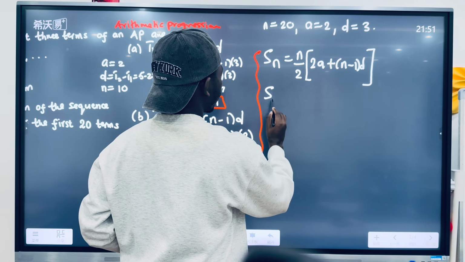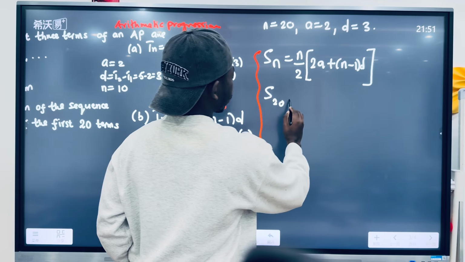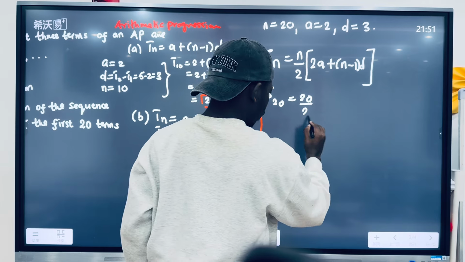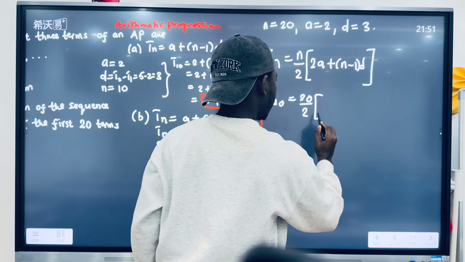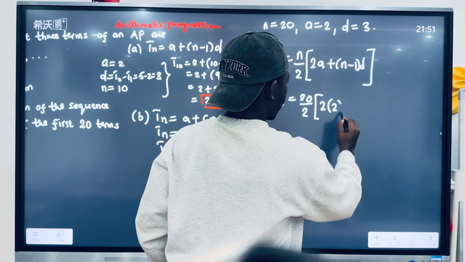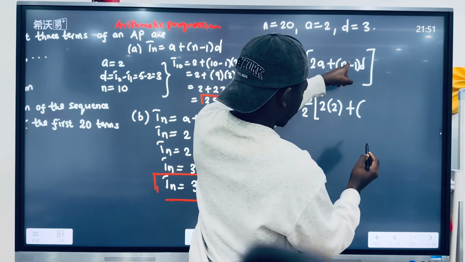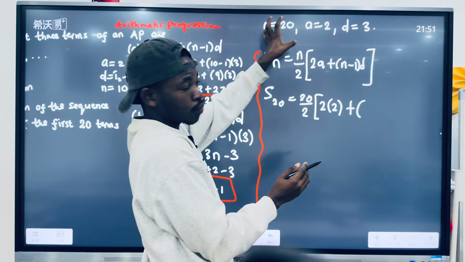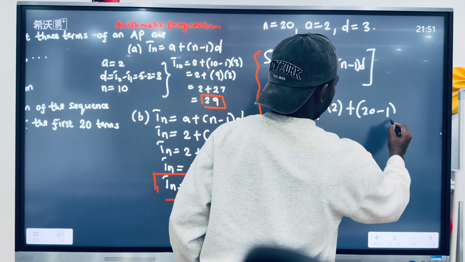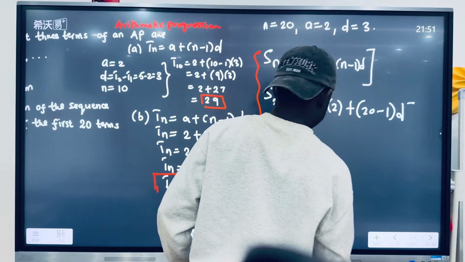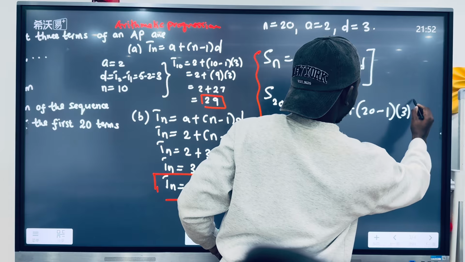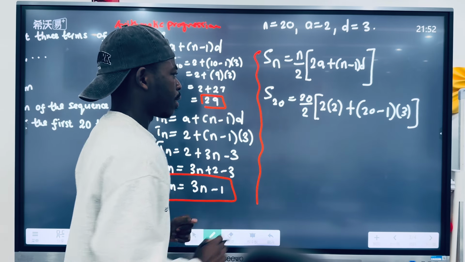So the sum of the first 20 terms is equal to n, 20, over 2, multiplied by 2a, a is 2, plus n minus 1 times d. You can see there, n is 20, we're talking about 20 terms here. D is 3 there.